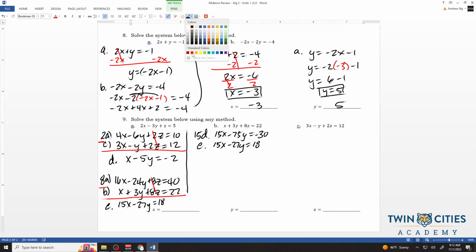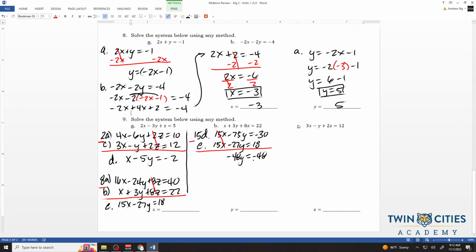And then I'm going to subtract. So negative 75y minus negative 27y is going to be negative 48y. And this is equal to negative 30 minus 18, which is negative 48.